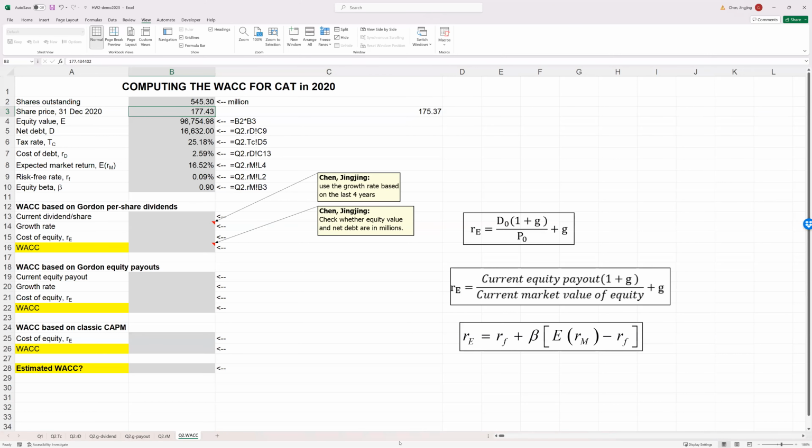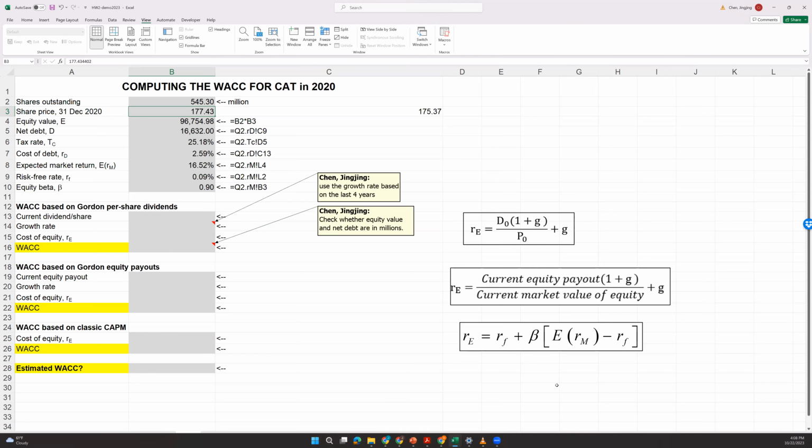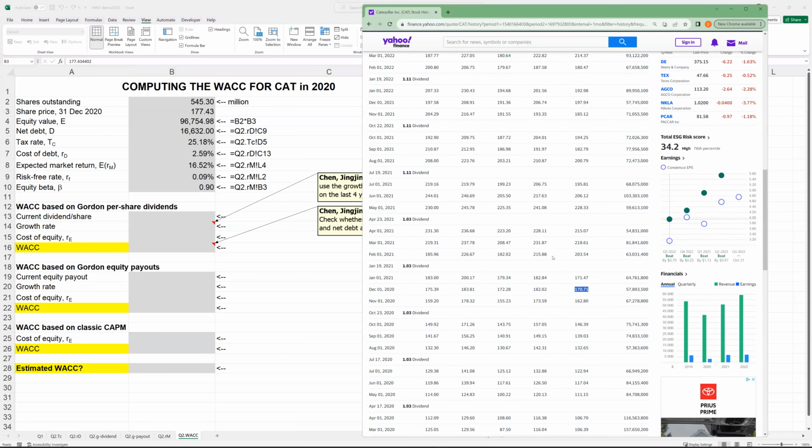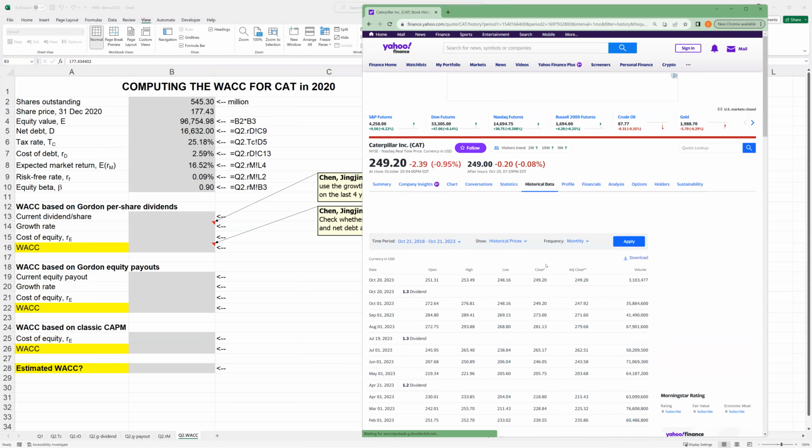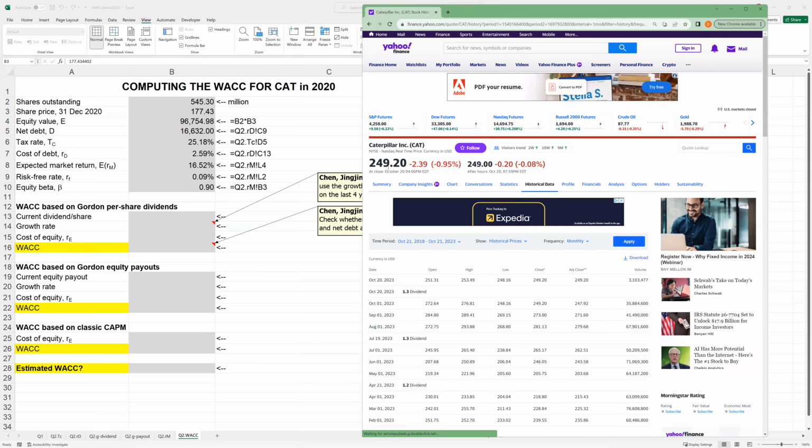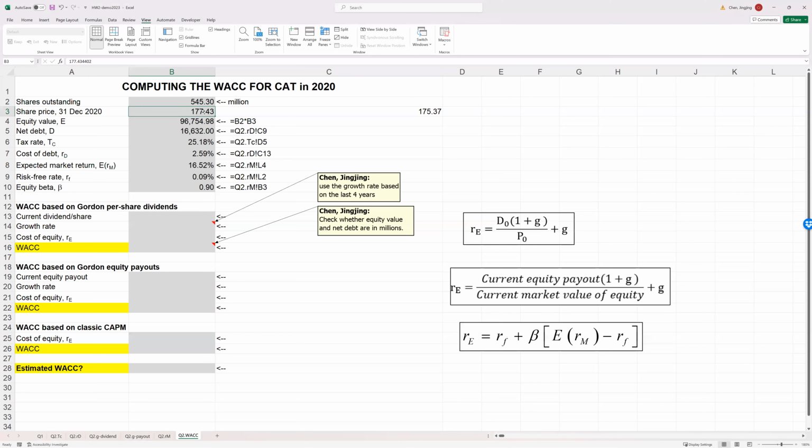You will just use the current stock price of the company as the most up-to-date share price. So in this case, let's say you want to calculate the weighted average cost of capital for CAP in 2023, the price will be this one. Here I'll stick to 177, or you can also use 171. I don't think it will make a big difference.